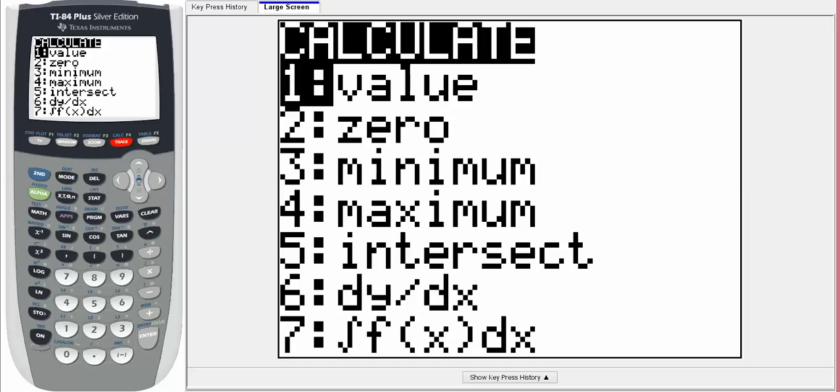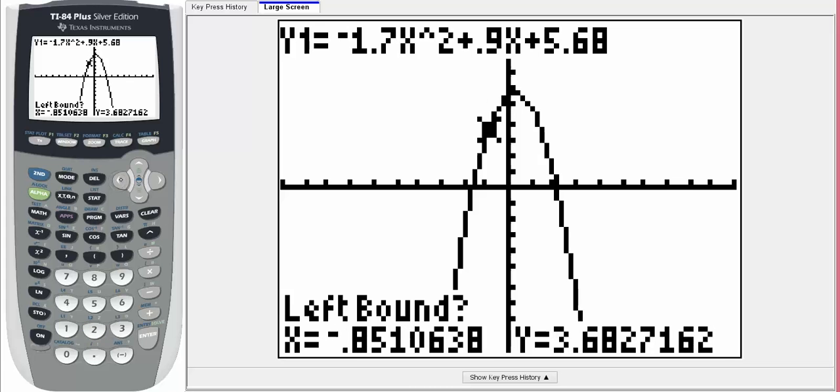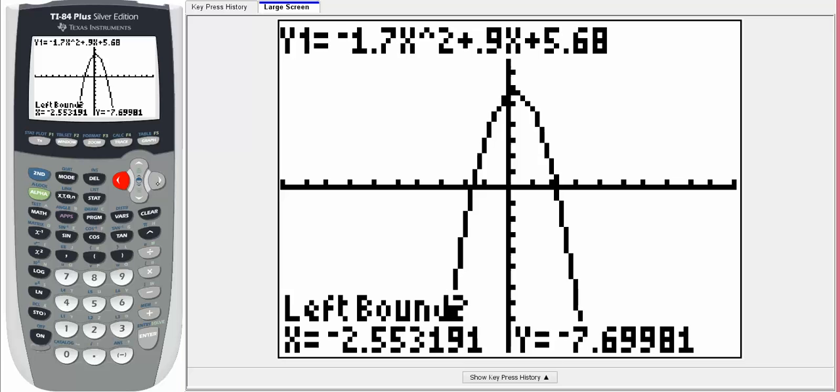Zero. And what does it ask you for? It's the same thing. You take your cursor and go to the left of one of the zeros. How many zeros can a function have? A quadratic can have 2, but if I just say you have a function and tell you nothing about it, you could have as many as you want.